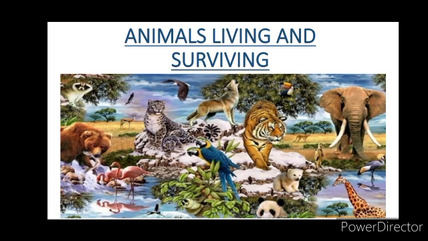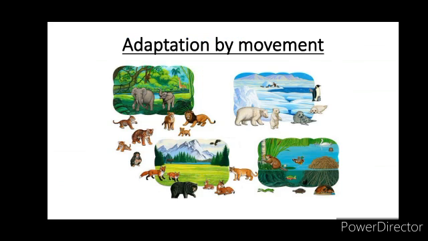Students, in the last class we learnt adaptation by food habits of animals. On the basis of feeding habits, animals are grouped as herbivores, carnivores, omnivores, and parasites. Today in this class I am going to teach you adaptation by movements.